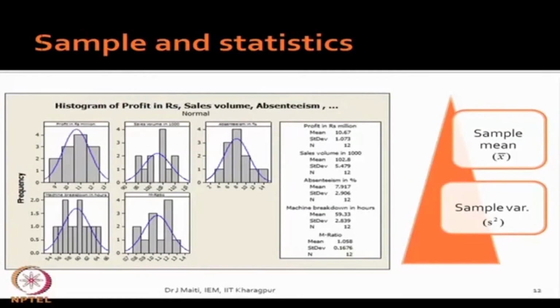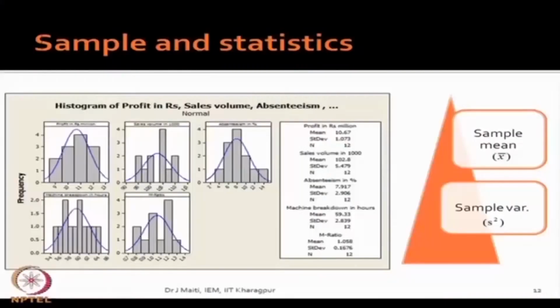Can you remember the example, the last example, that small company? We can give a name to this company. I have given it City Can. So later on I will use the word City Can. The company name is City Can. So these are the profit, sales volume, absenteeism, all those things.